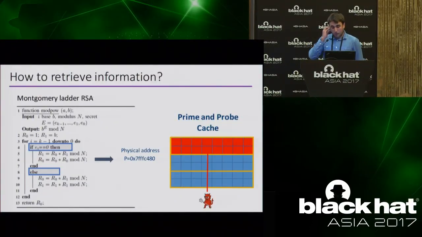When we reload our own memory blocks again, if the victim utilized the instruction that we are priming, we will see that one block comes from the memory instead of all from the cache. So that's how we can utilize these two attacks to get the full RSA key in two separate scenarios.